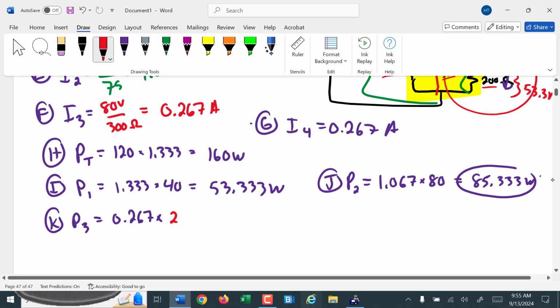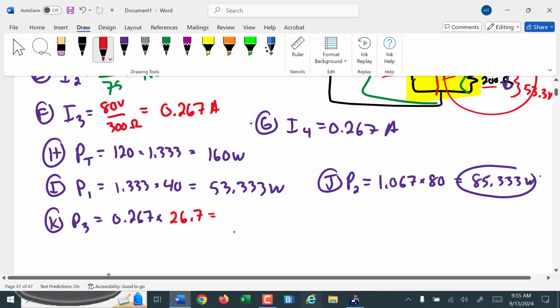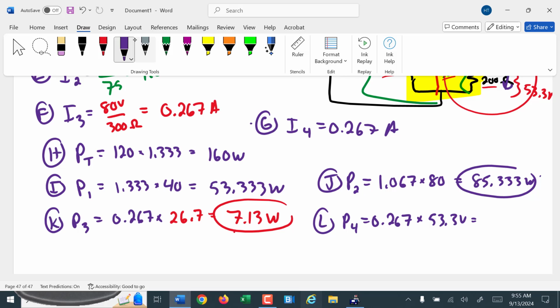So this is going to be through times 26.7. Sounds right. Yep. So 7.13 we'll call it. Watt. Then for L, power through 4, well, that's the 0.267 amps, but that was 53.3 volts. So it ends up being, what, 14.26, something like that, watts.